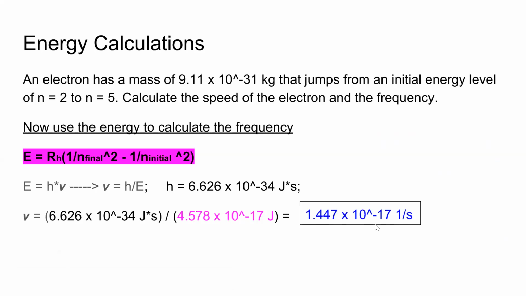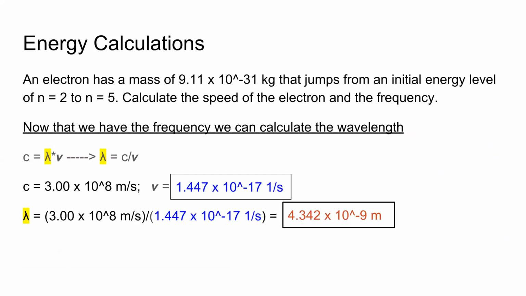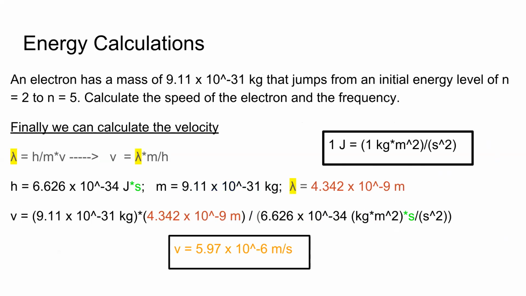Now that we have the frequency, we can use it to calculate the wavelength, which is the first equation that was given. So c is equal to the speed of light, divided by the frequency, and we get 4.342 times 10 to the 9 meters. Because remember that c is in meters, not nanometers, so lambda has to have units of meters just for this problem specifically.